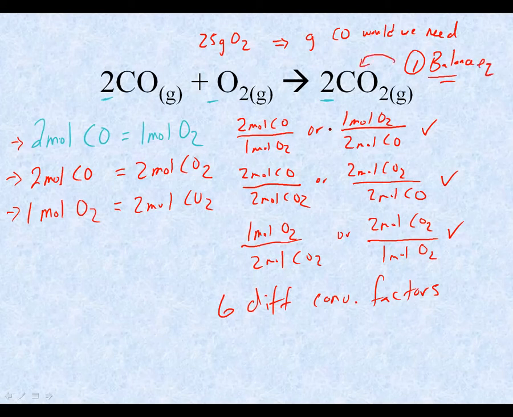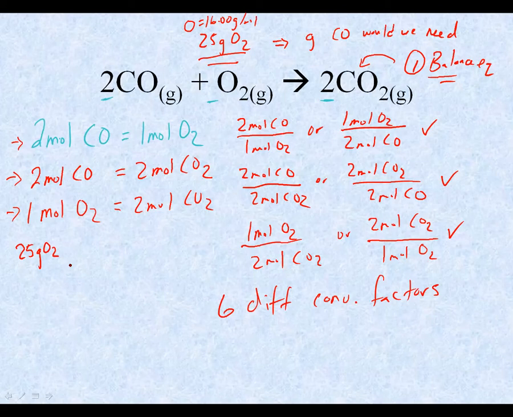The next thing we want to do is take whatever they gave us, which in this case is 25 grams of O2, and convert it to moles. To convert our 25 grams of O2, we would go to the periodic table and look up O, oxygen, which is 16 grams per mole. We would take the 25 and divide it by the molar mass of O2, which would be 2 times 16, which is 32.